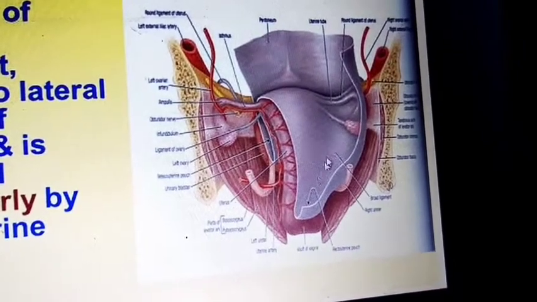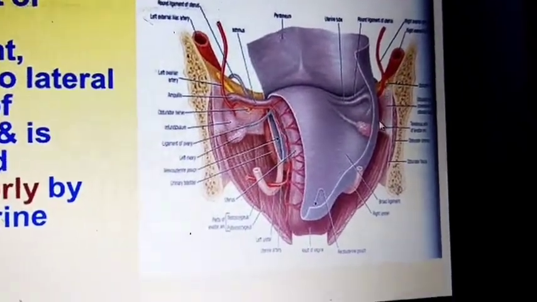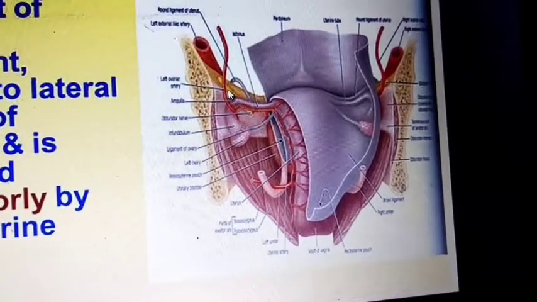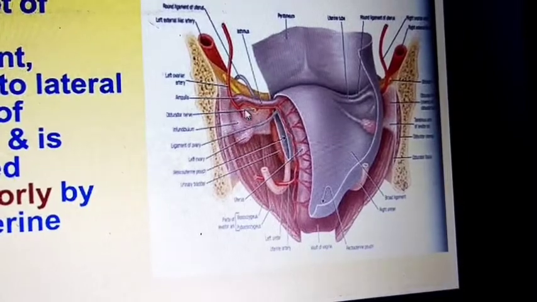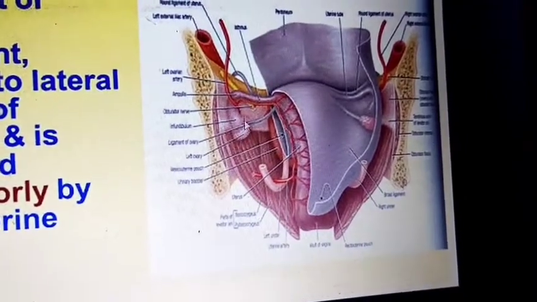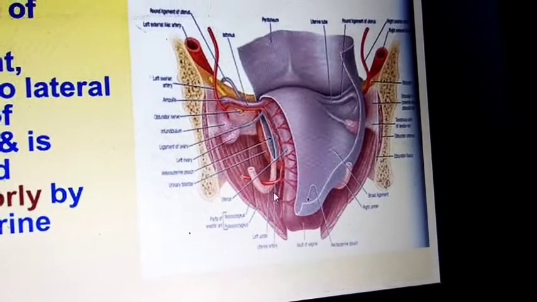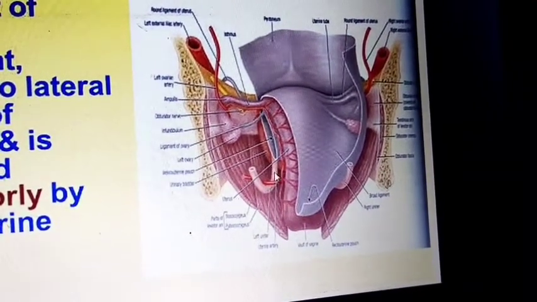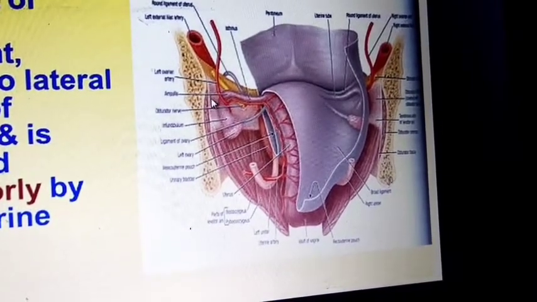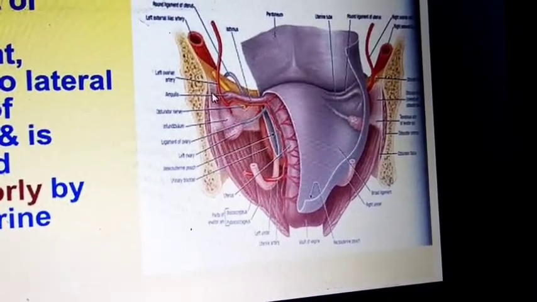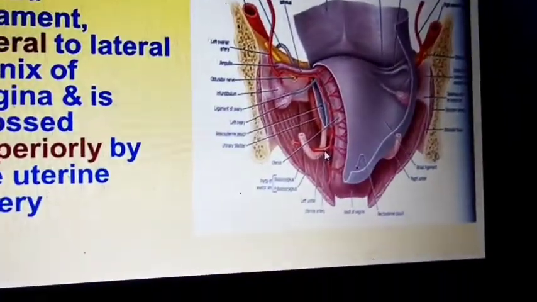This is the broad ligament. This is the iliac artery. Here the ureter comes from the root of the broad ligament like that, and this is the uterine artery.